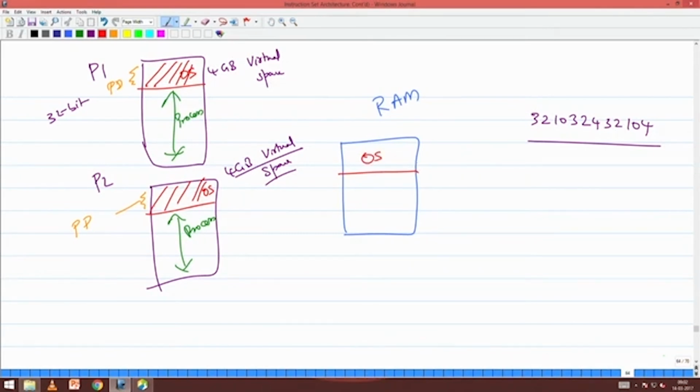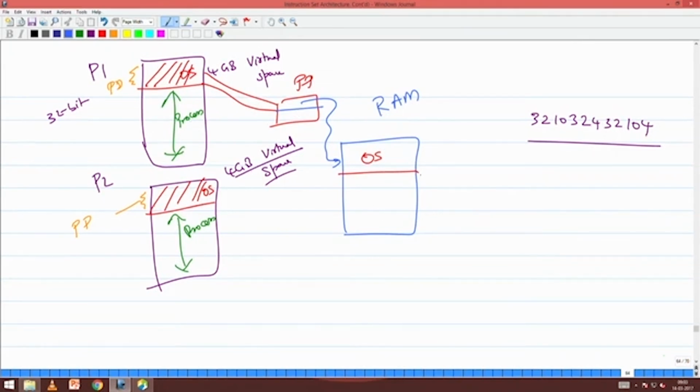So when P1 is executing, let me zoom in on its page directory. Its page directory will have some parts which map onto the OS, and then there will be a lot more parts here.